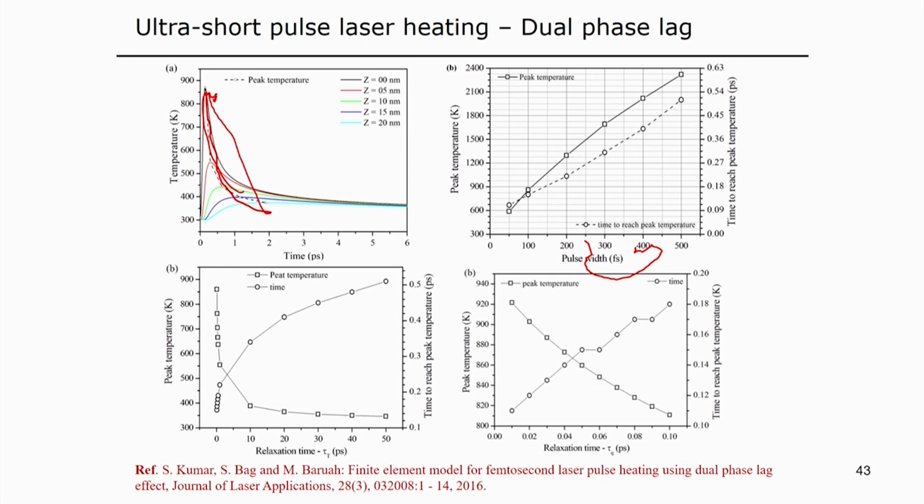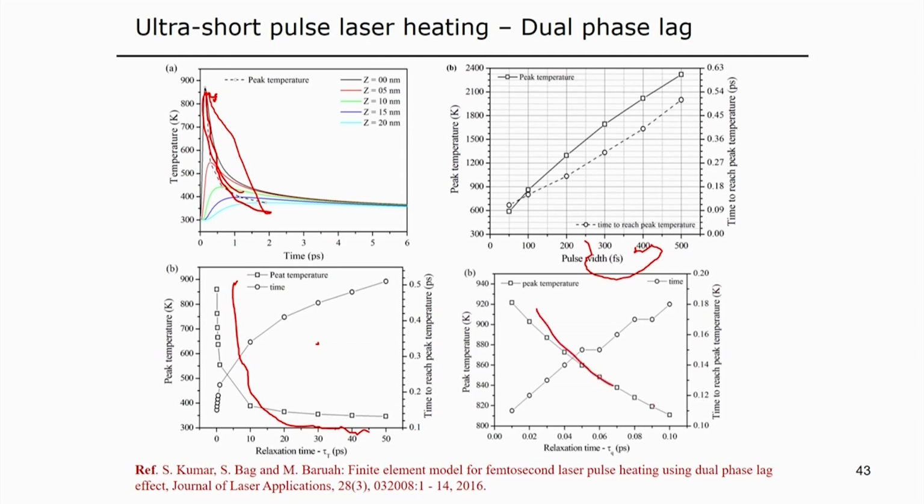In other cases, we see the effect of the relaxation time. Since the relaxation time is very difficult to measure accurately, and it also depends on the temperature, if we vary the relaxation time there may be a change of the peak temperature also. Both figures show that peak temperature actually reduces with a higher relaxation time.